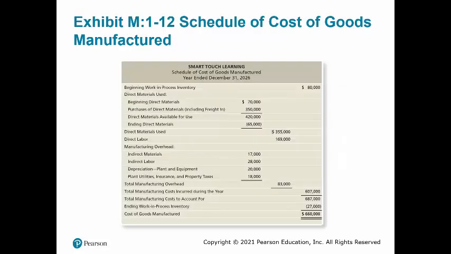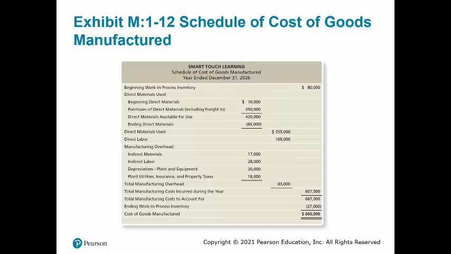This slide shows us the total schedule of cost of goods manufactured. So we can see that each step that we completed in the previous slides is shown in this schedule. First, we calculated the direct materials used. Then we calculated the total manufacturing cost incurred during the year.